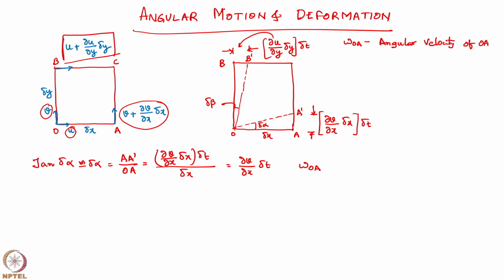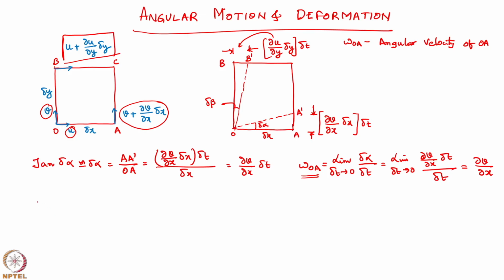That is omega OA is limit as delta t tends to 0 of delta alpha by delta t, which is limit as delta t tends to 0 of ∂v/∂x into delta t divided by delta t, which is nothing but ∂v/∂x. So ∂v/∂x means the angular velocity of OA.